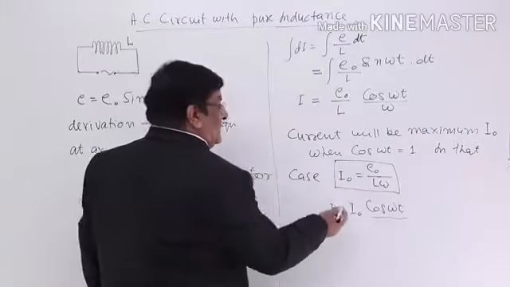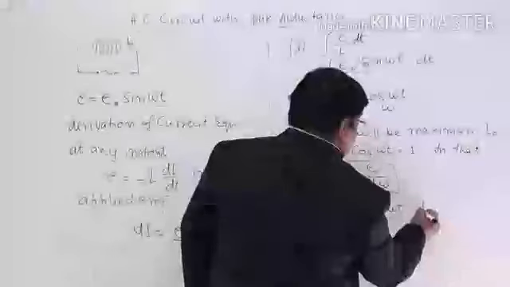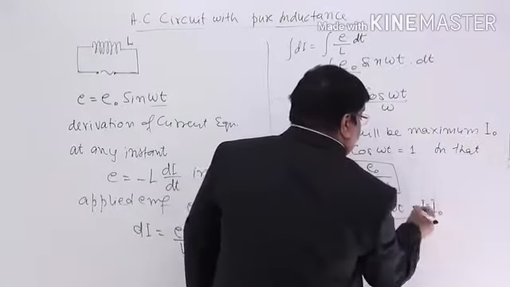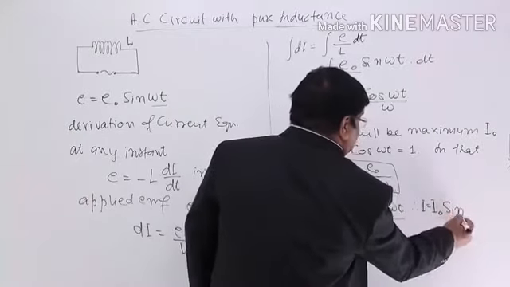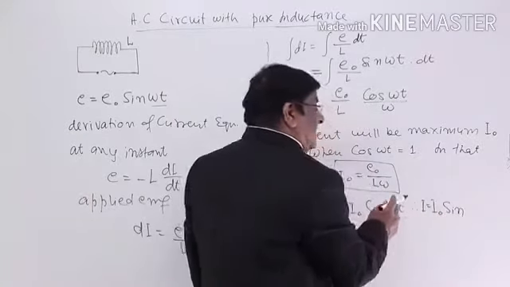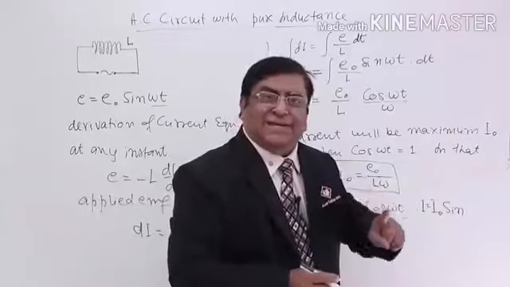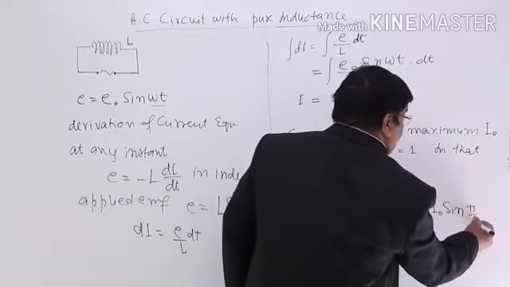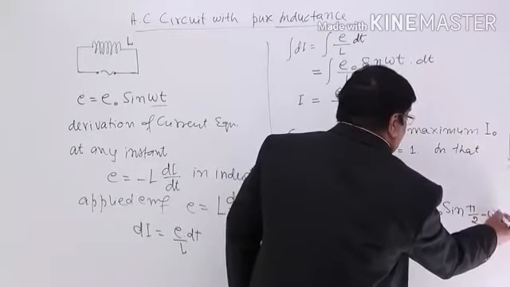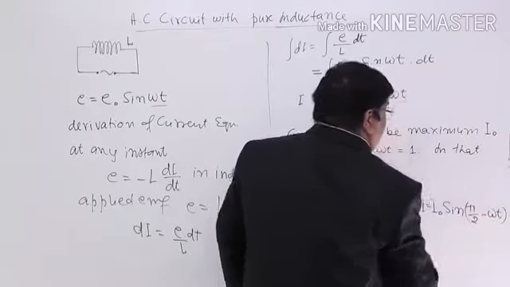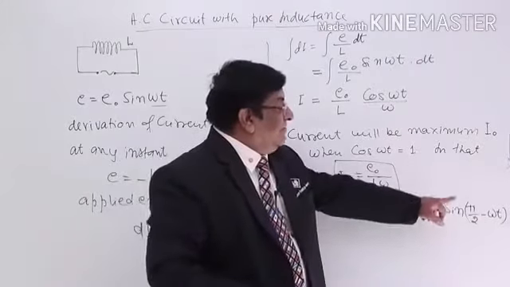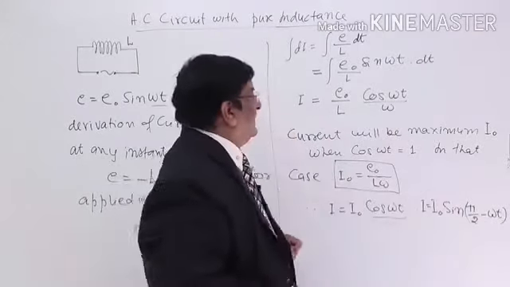Therefore I is equal to I naught, cos replaced by sin, and cos theta is equal to sin of 90 minus theta. So I write I is equal to I naught sin of pi by 2 minus omega t.